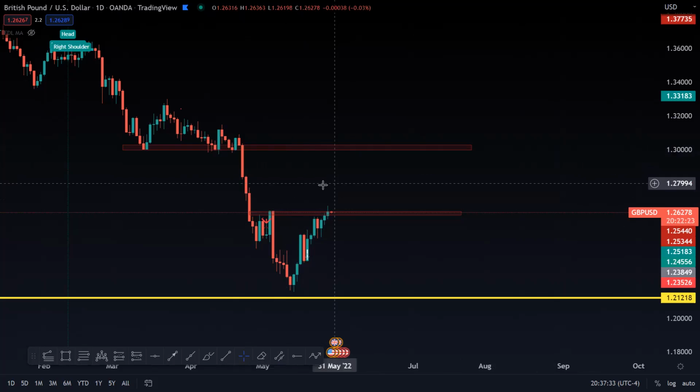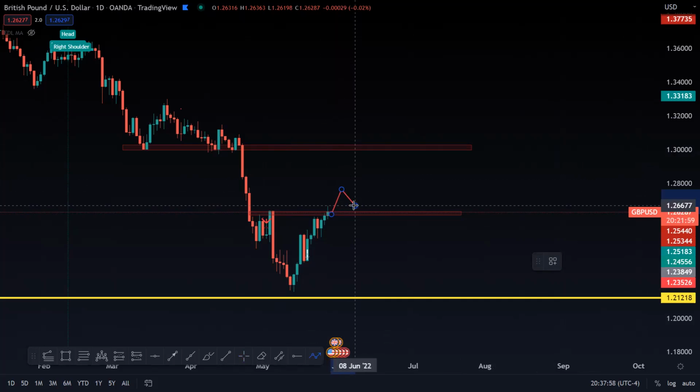So basically, if the price comes here and breaks the structure to be bullish, then if it wants to continue the bullish move, it's going to make a higher high, and then a higher low, and it's probably going to come down for a retest.